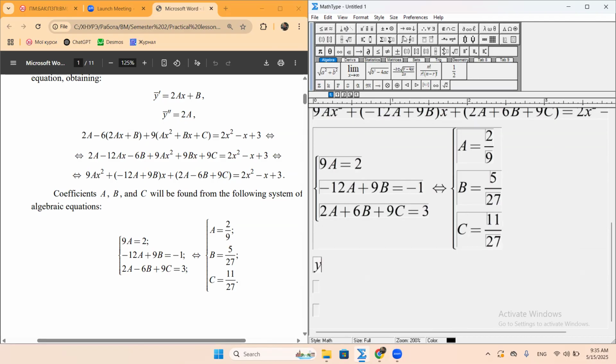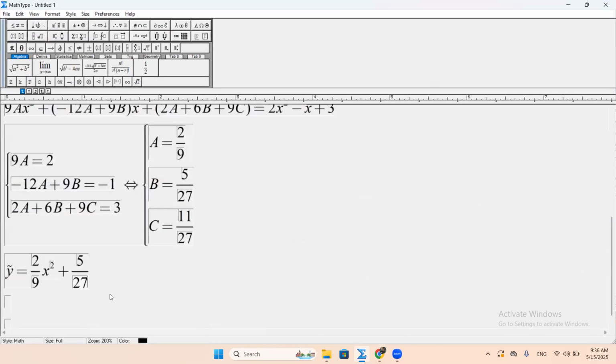So the partial solution will be the following: 2 over 9 x squared plus 5 over 27 x plus 11 over 27.